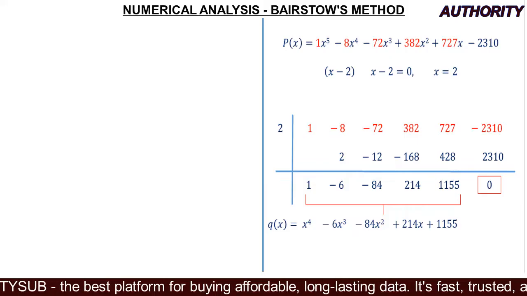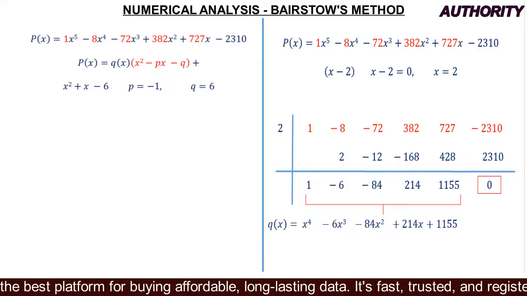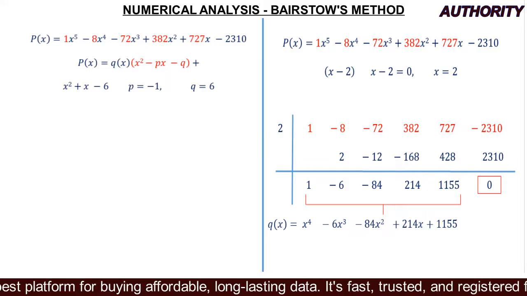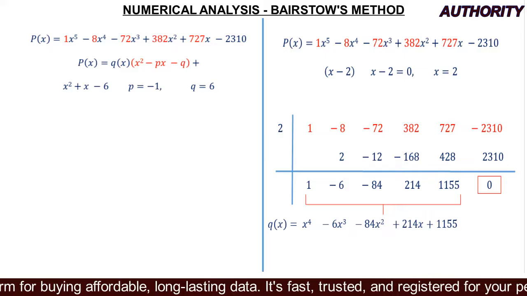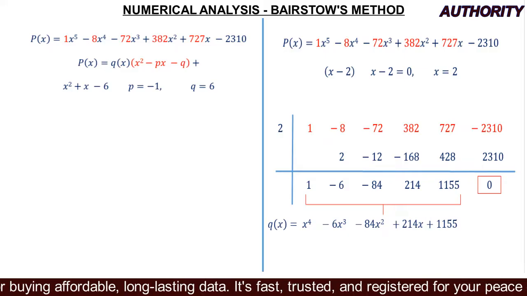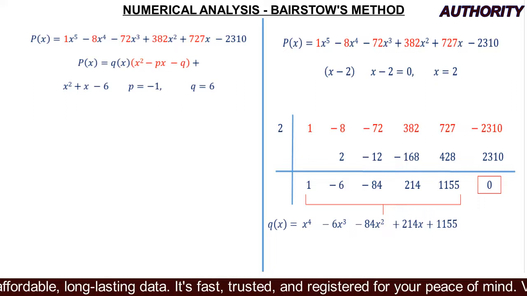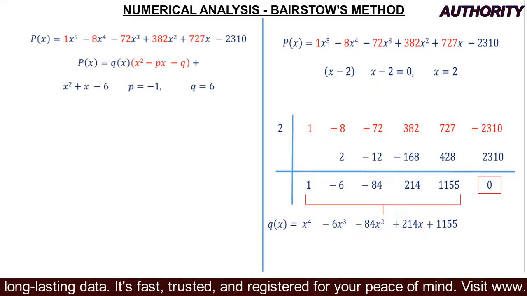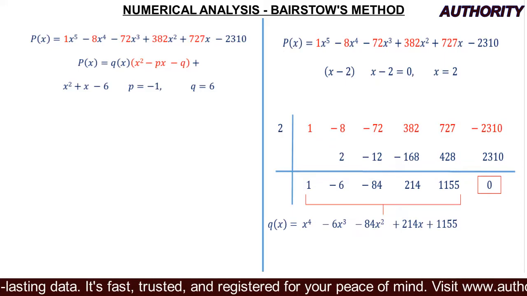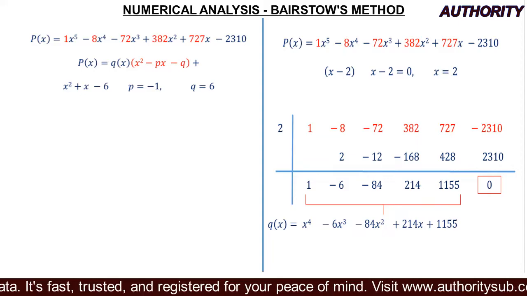Here, let's say for instance, we have p of x to be x raised to the power of 5 minus, we have this, right, to be divided by a quadratic polynomial. Our divisor here now is what? It is quadratic. Let's try and use x squared plus x minus 6.